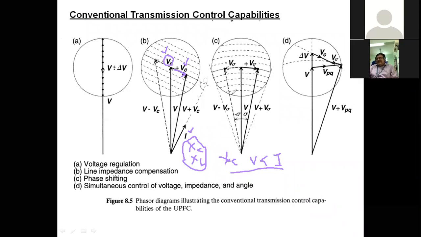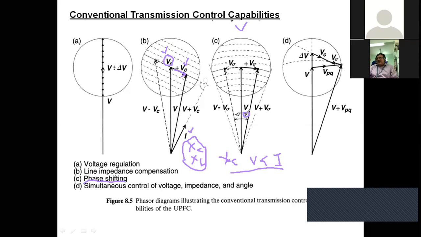Then in the third case, it is just phase shifting. Magnitude won't change. Please remember that in this one, only the phase angle shift sigma you get. Phase shifting is possible in this case. How do you get this phase shifting?